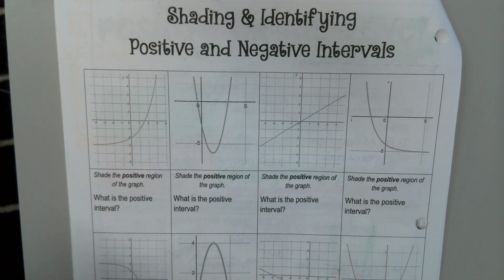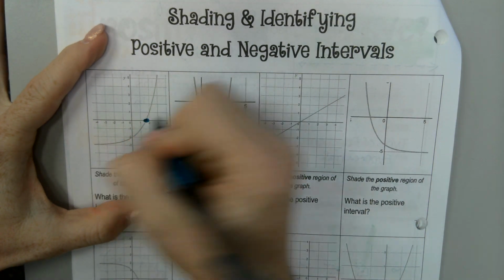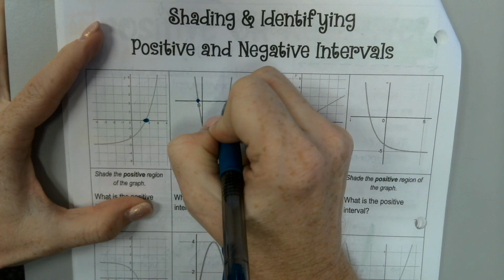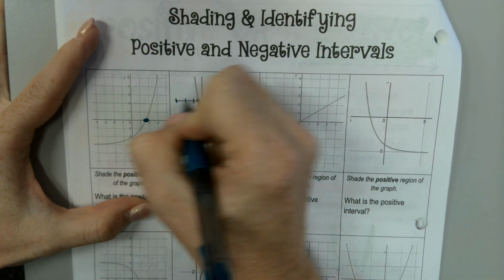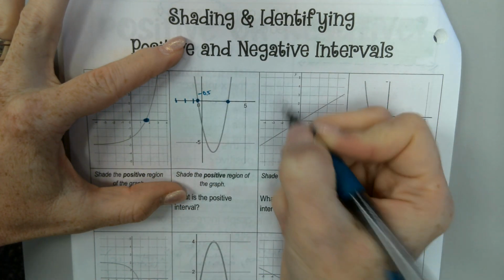First thing I would do on any graph you've got, go mark any x-intercept. So here's an x-intercept. You got this. Now here is negative 1. So I'm going to say this is probably negative 0.5.